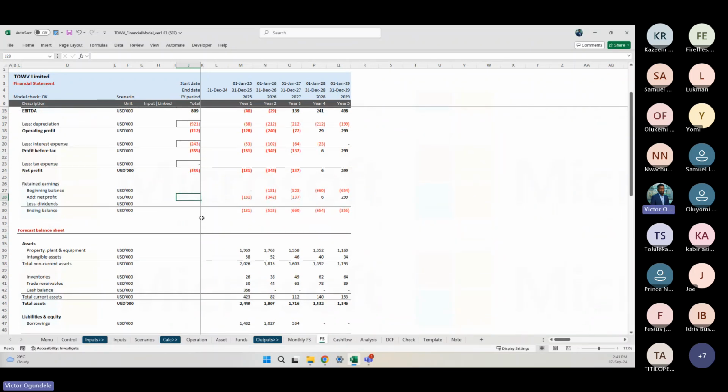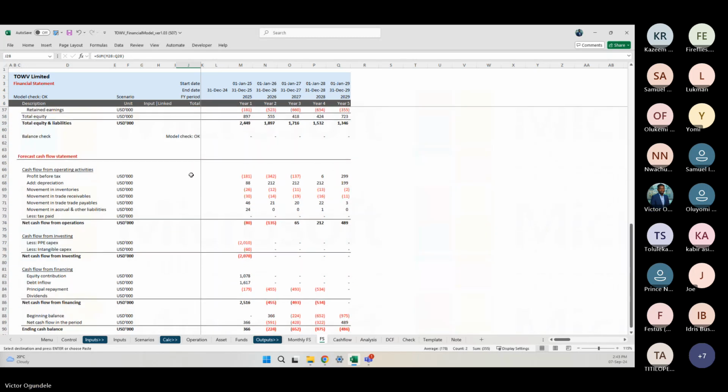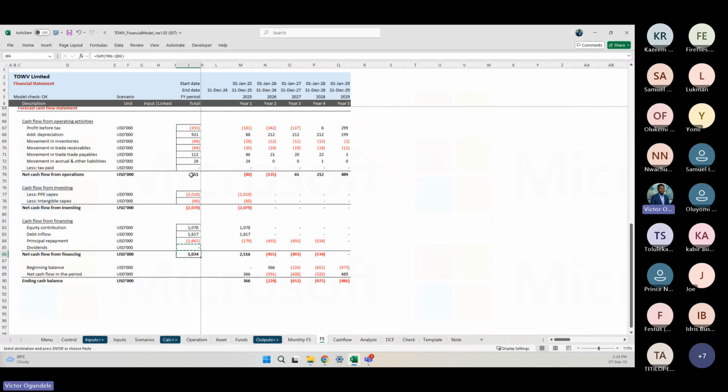So I'm sure by the time you are looking at what we have, the business is already telling a funny story already. I'm doing this, I'm filling up my total column.